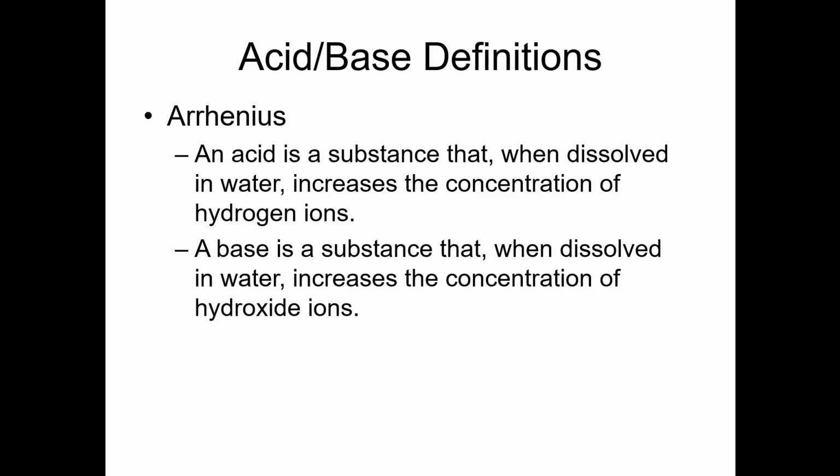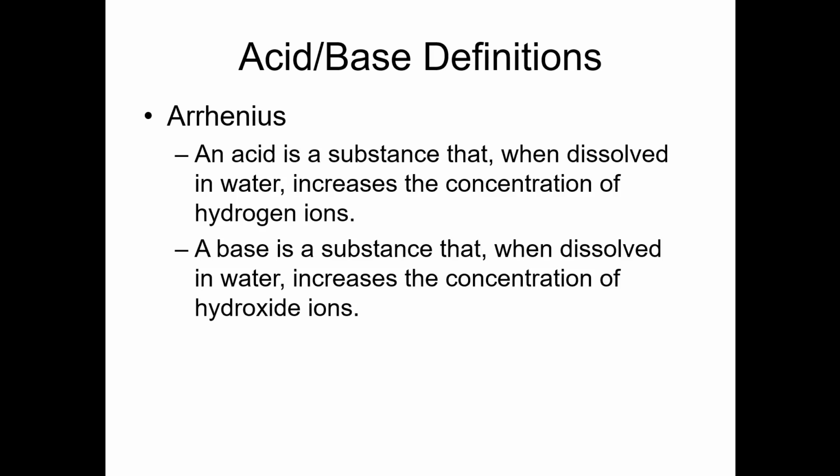That is a useful definition in a lot of contexts, but it really only allows us to think about acids and bases in terms of their reactions with water and not really in terms of their reactions with each other. And so we need some better definitions to allow us to do that second thing.